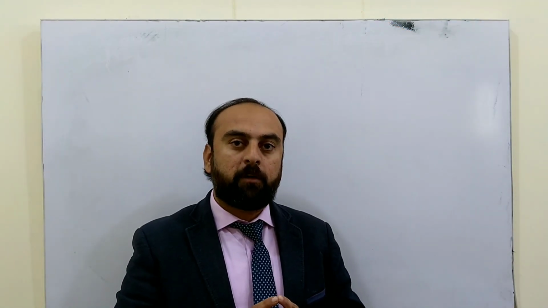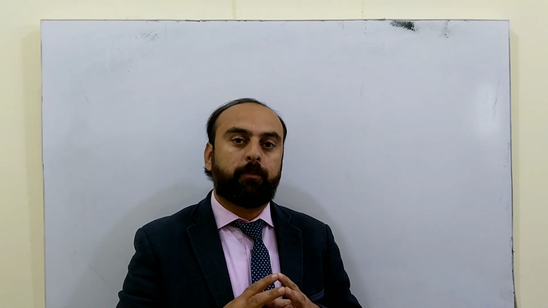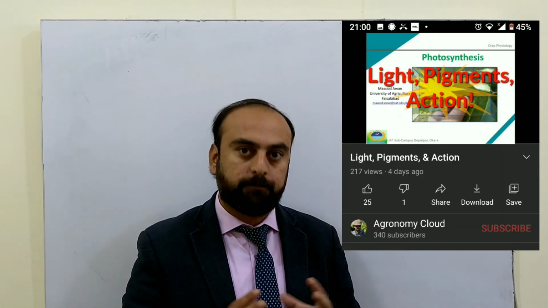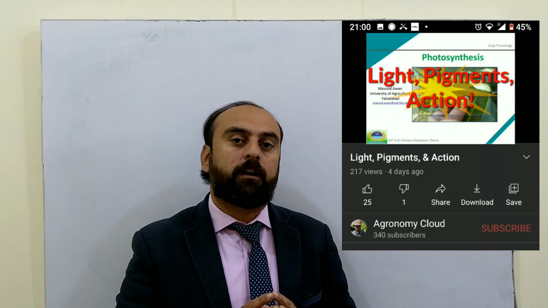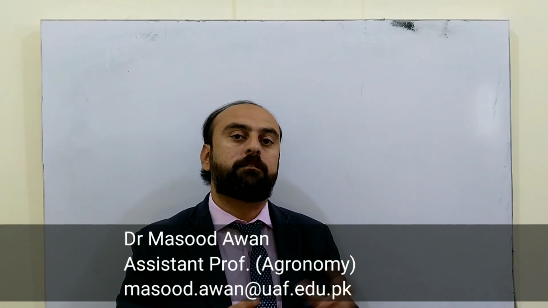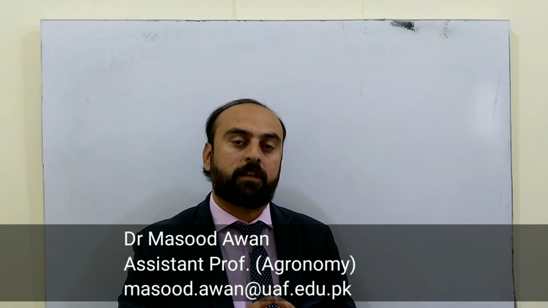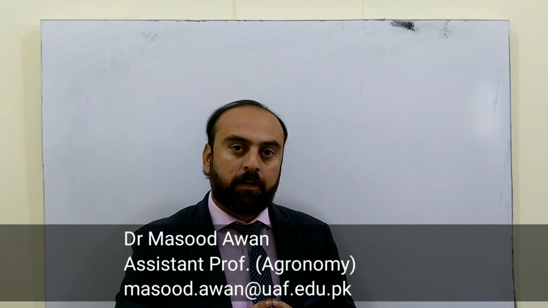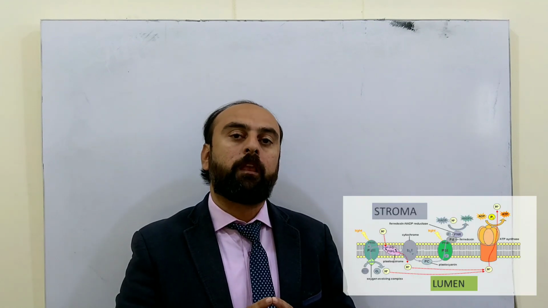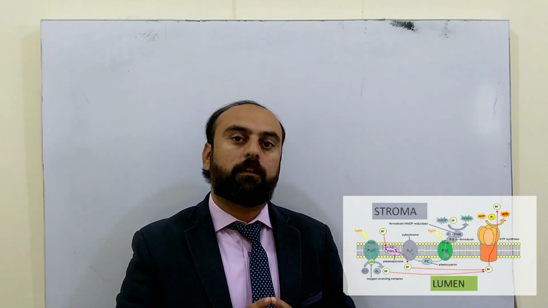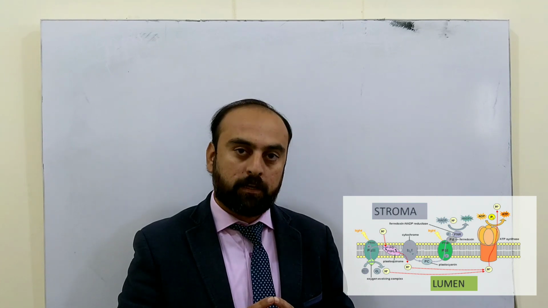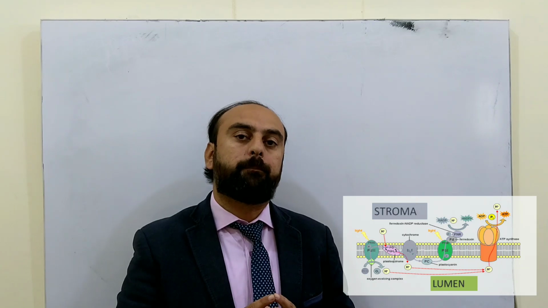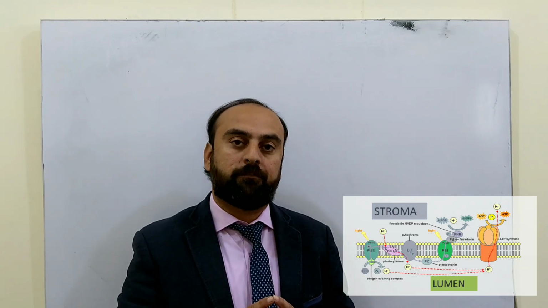Dear learners, in my last lecture I talked about light, pigments and the electron transport chain or light reaction. Just to summarize what happens in light reactions, some of the important steps are absorption of light by photosystem 2, the flow of electrons in the so-called electron transport chain, which delivers electrons to photosystem 1.